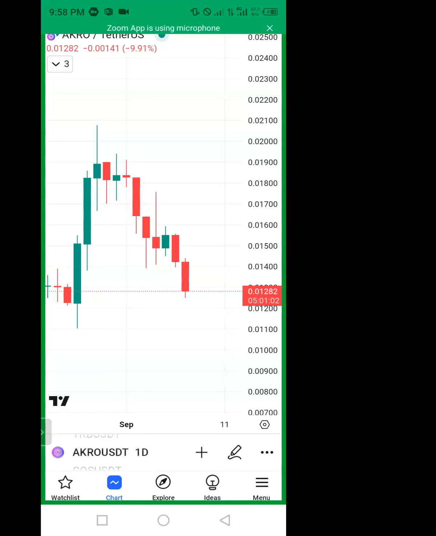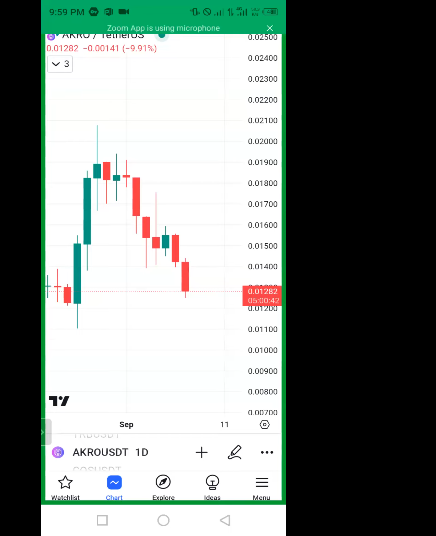It is always important to go there very early in the morning when the day is starting. The TradingView day starts at 3 a.m. Ugandan time, that is 2 a.m. South African time. A new day starts.